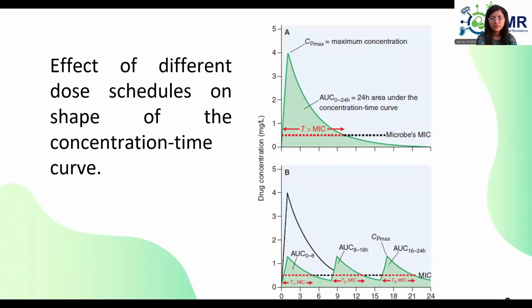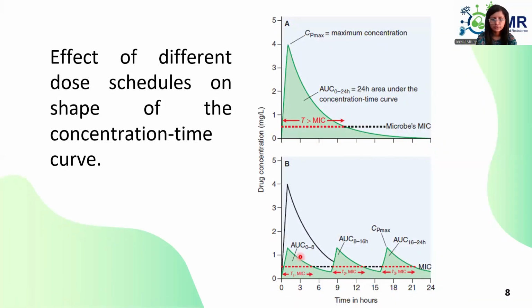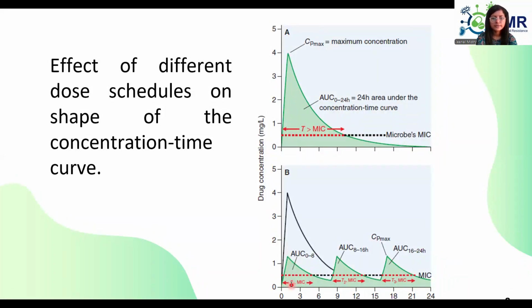And the next thing: when a dose is fractionated and administered more frequently, the ratio of maximum plasma concentration to the MIC will decrease, right? The ratio of AUC to the MIC stays the same, while the maximum plasma concentration to the MIC is decreasing. In contrast, the time that drug concentration persists above the MIC will increase with more frequent dosing intervals, right?